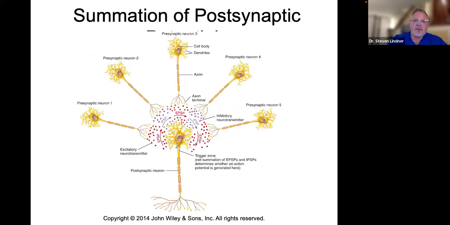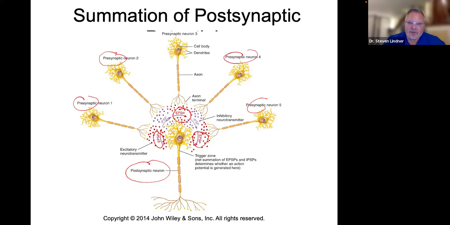Okay. So here you can see we have many presynaptic neurons and they're firing. These are all presynaptic, 1, 2, 3, 4, 5, right? And down here is a postsynaptic. You can see this is an excitatory postsynaptic potential, and another excitatory postsynaptic potential.